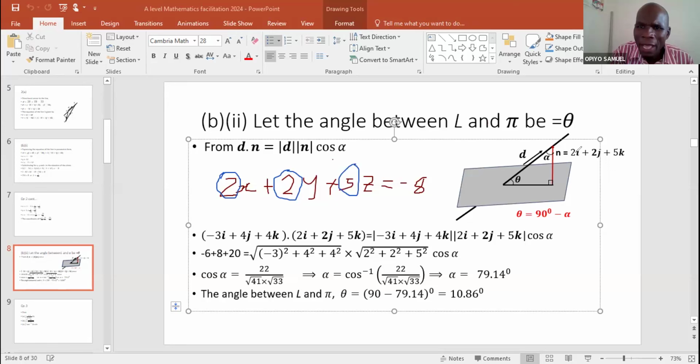So we shall have 2i plus 2j plus 5k. The coefficients of x, y, z constitute the components of the normal vector to the plane. And remember, I said if you are not comfortable with ijk notation, you can also write this in column form.